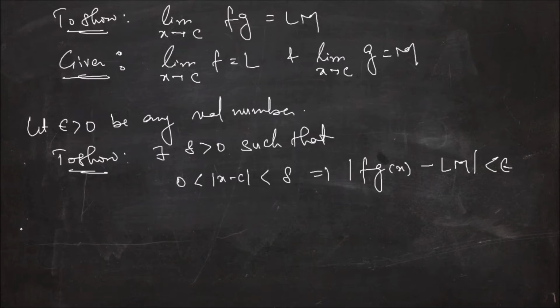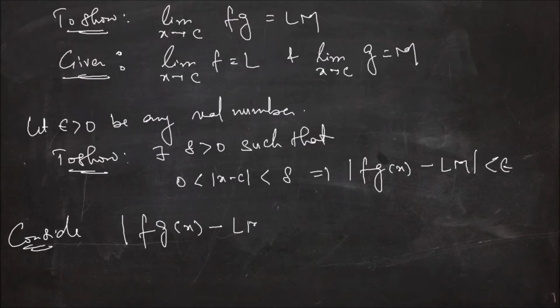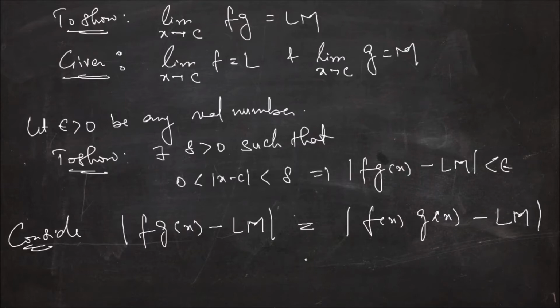So let us start with this and see what it turns out. Consider fg of x minus Lm. This can be written as f(x) into g(x) minus Lm, because this is pointwise multiplication. Now what we will do, we will add and subtract f(x) m.